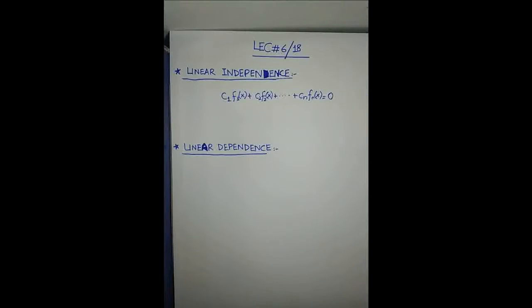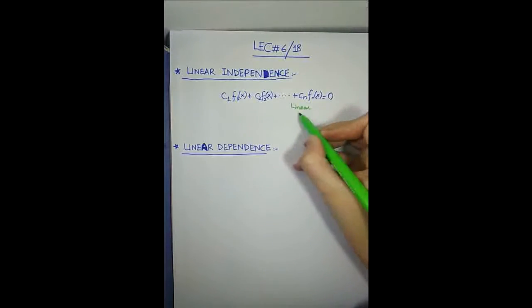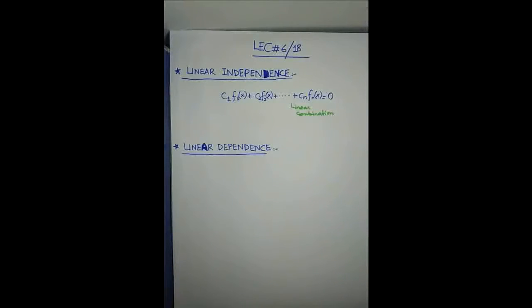If this linear combination is equal to 0, then we check whether it is independent or not.